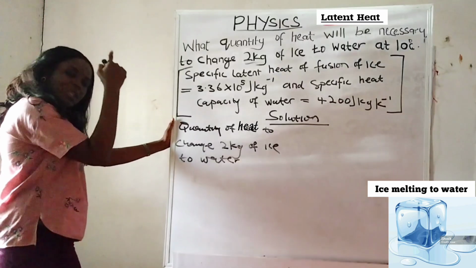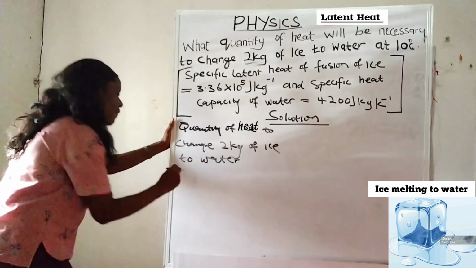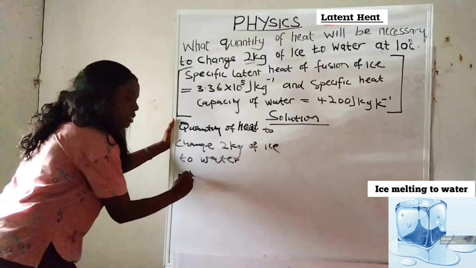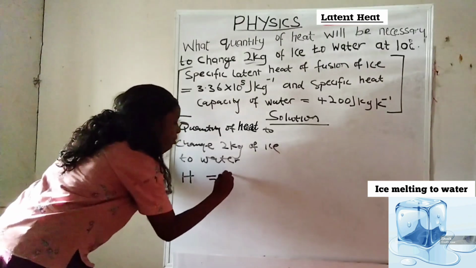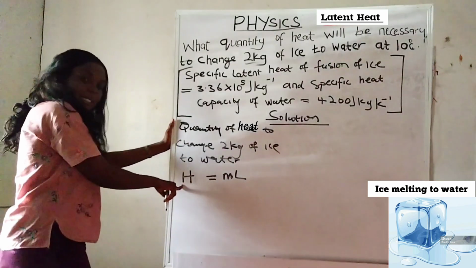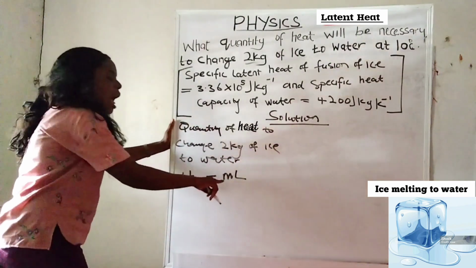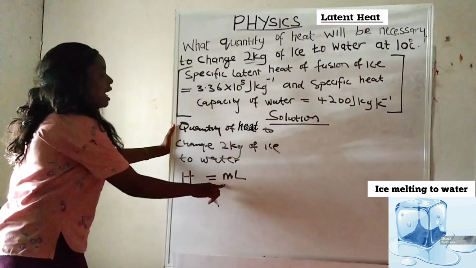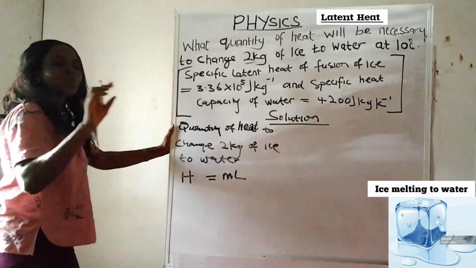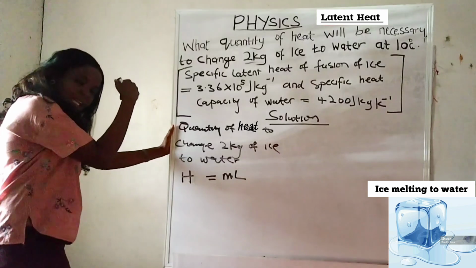We have solved it in the other question, and you use the formula H, which stands for quantity of heat, is equal to mL, where H stands for the quantity of heat, m stands for the mass, and L stands for latent heat. I want us to see what to solve in the first question.